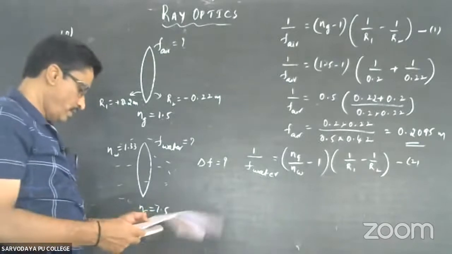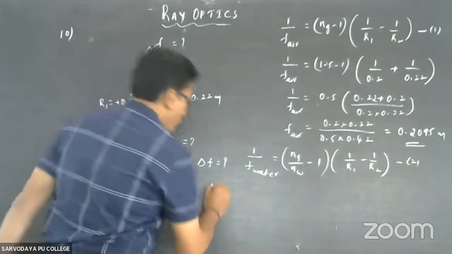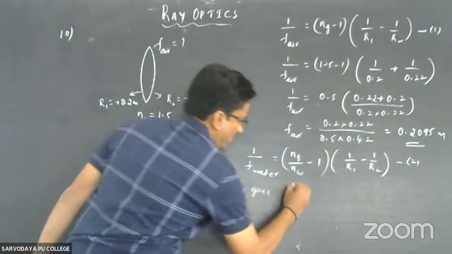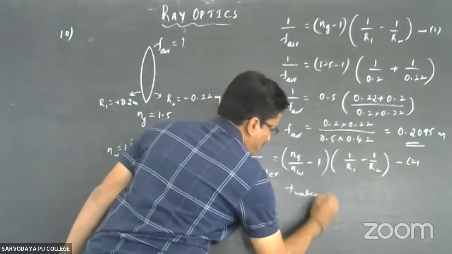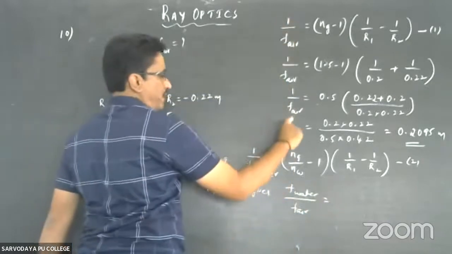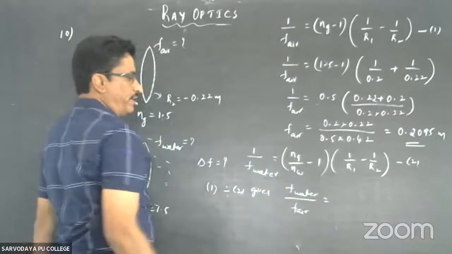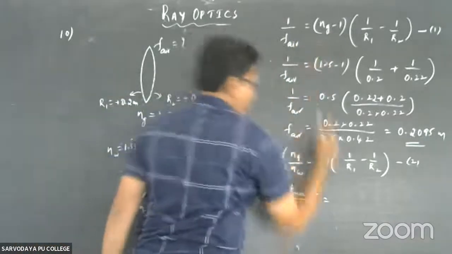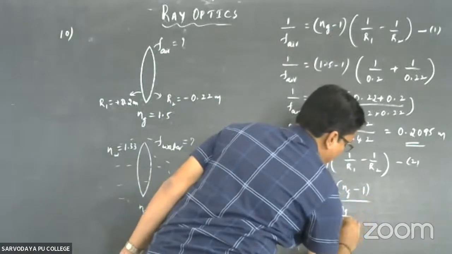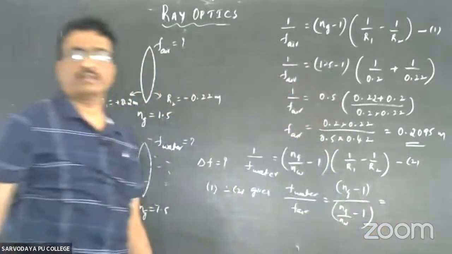Now, once you find the ratio, it is 1 divided by 2, which gives F in water by F in air. Therefore, F water by F air, this is Ng minus 1 over Ng by Nw minus 1.